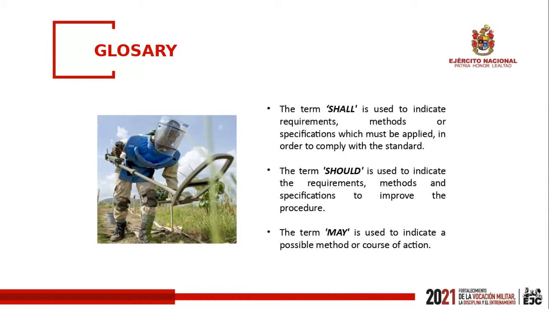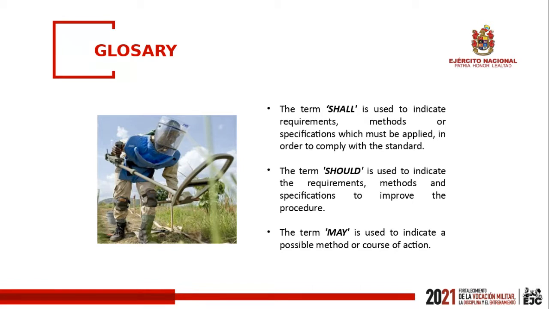So in the national standards for the comprehensive action against anti-personnel mines that is developed to be applied in Colombia, we have these 3 terms. There is shall, should, and may. And those terms are used to indicate the degree of the compliance that is required. So this use is consistent with the language that is used in the standards and the norms.